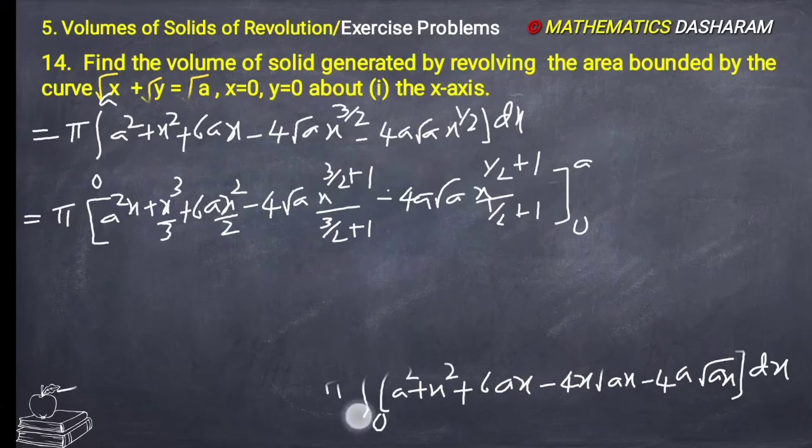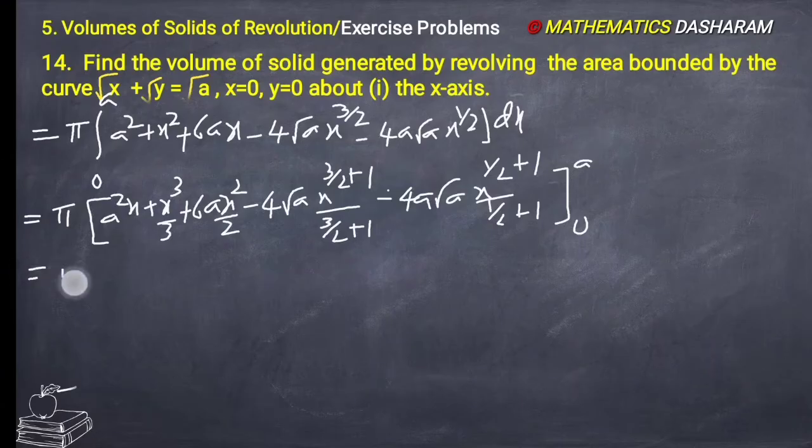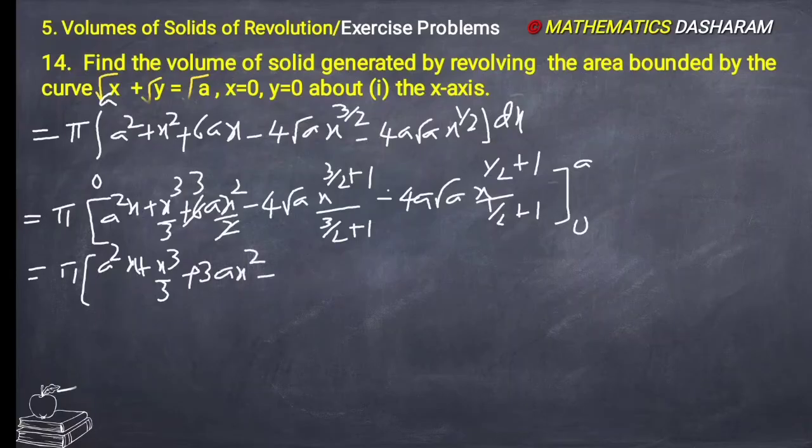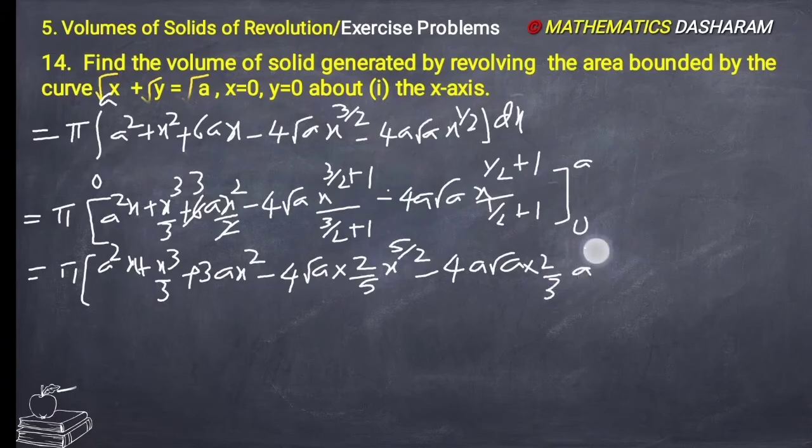So it is equal to pi into a square x plus x cube by 3 plus, 2 ones are 2, 3 threes are 3, a x square, minus, here 3 by 2 plus 1 is 5 by 2, so 4 root a into 2 by 5 into x to the power of 5 by 2, minus 4a into root a, here 1 by 2 plus 1 is 3 by 2, then 2 by 3 into a to the power of 3 by 2, 0 to a.